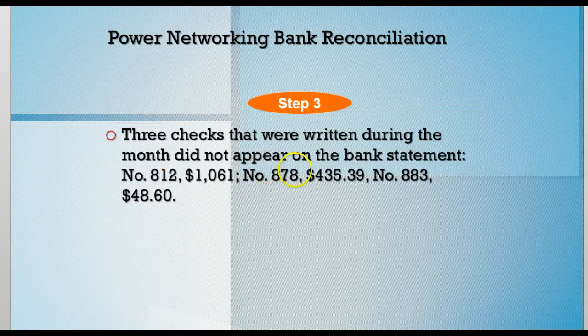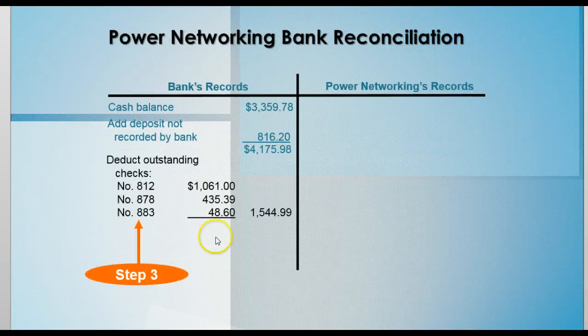What's step 3? Step 3 is there are outstanding checks that haven't come through the bank yet. And they amount to $1,544.99. So those are going to get deducted.